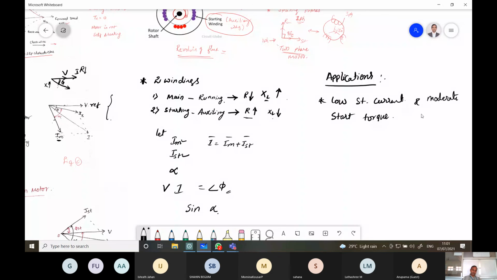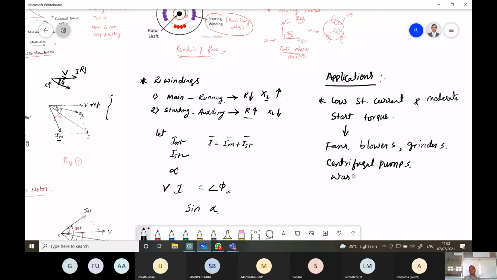Because of this, it is used in fans, blowers, grinders, some centrifugal pumps.